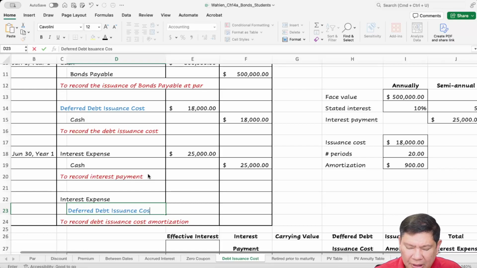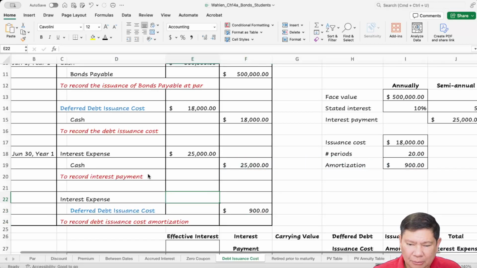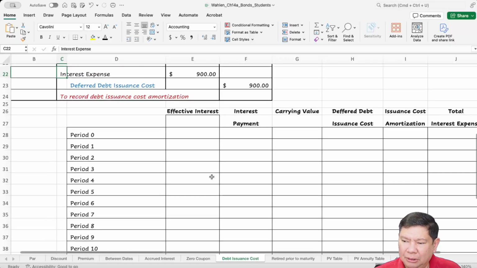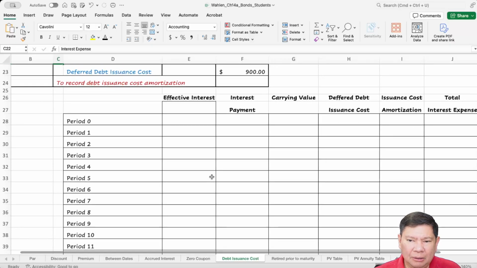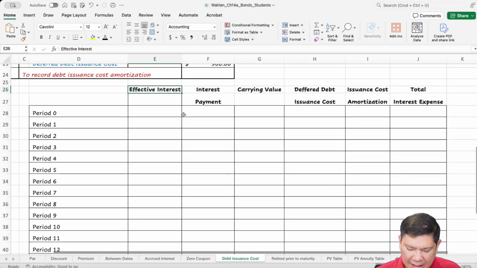So we amortize $900 every 6 months. We already calculated that, and that will increase our interest expense. So we will report these two interest expenses combined of $25,900.